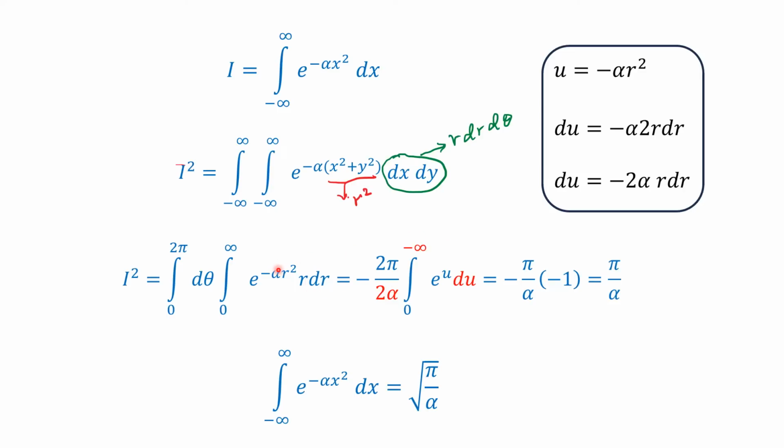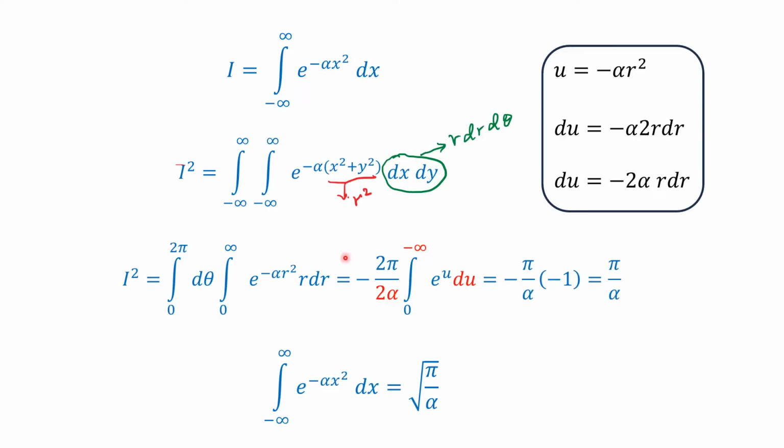Now what I am going to do is take minus alpha r squared as u. Then du will be minus alpha times 2r dr. Then what is this r dr that we have to replace? r dr is equal to du divided by minus 2 alpha, because I am bringing this minus 2 alpha to this side.